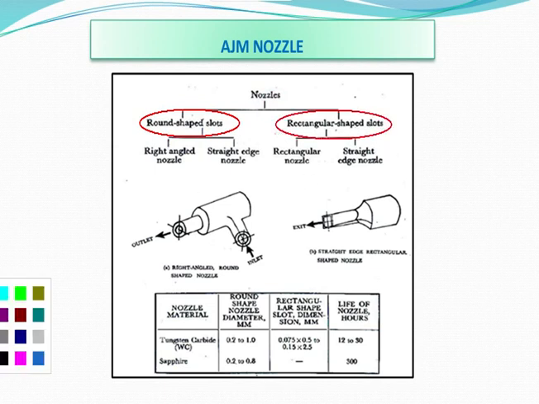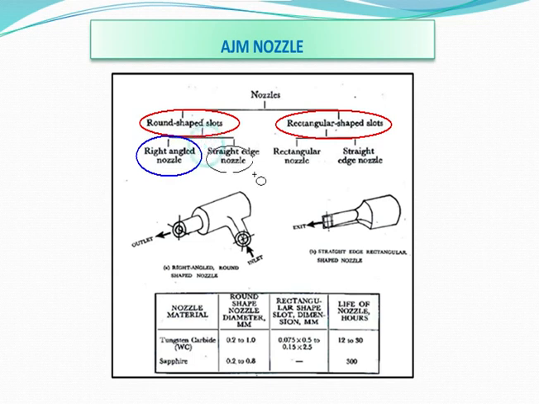The round shaped slot is further divided into right angle nozzle or straight edge nozzle. In a similar way for the rectangular shaped slot, a right angle nozzle or a straight edge nozzle can be obtained.